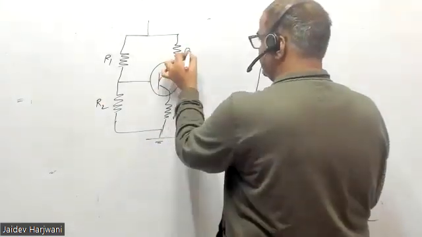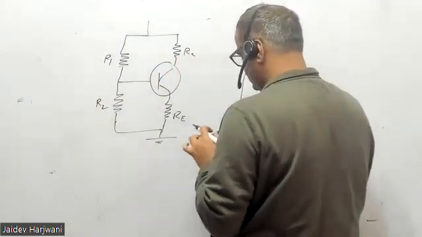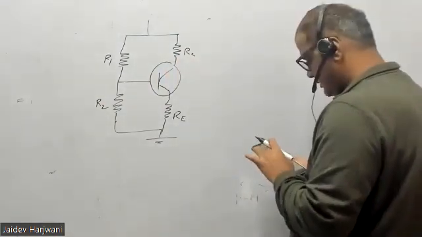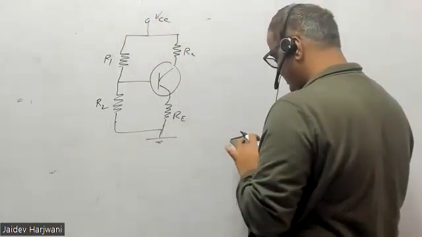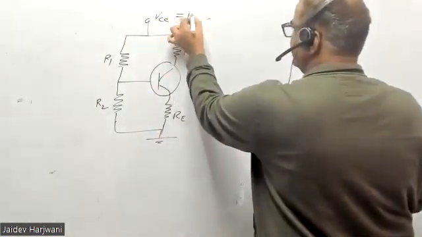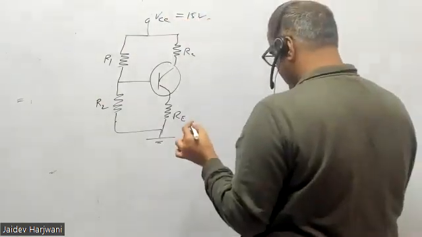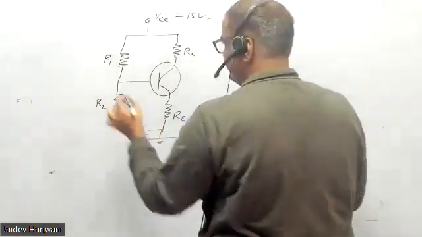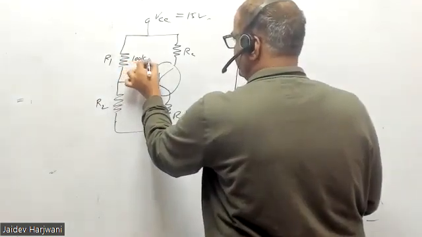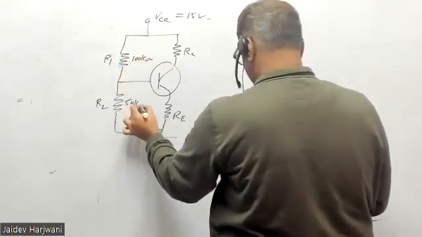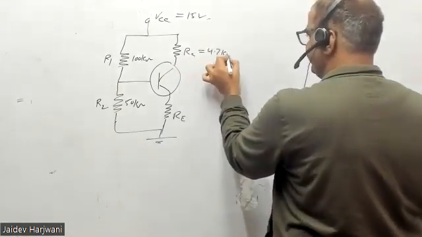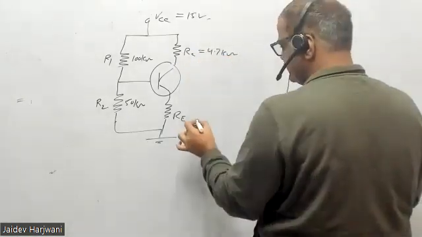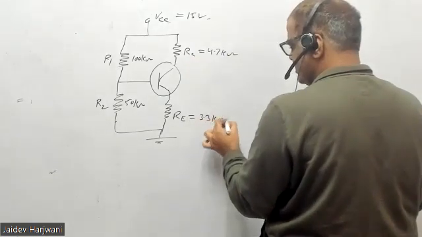Okay, RC and VCC. This is VCC. Okay, so VCC given 15 volt. R1 आपका 100 kilo ohm, and this is 50 kilo ohm. RC is 4.7 kilo ohm and RE is 3.3 kilo ohm.